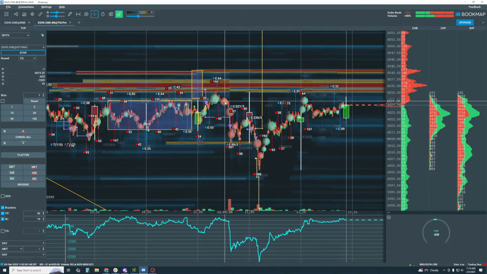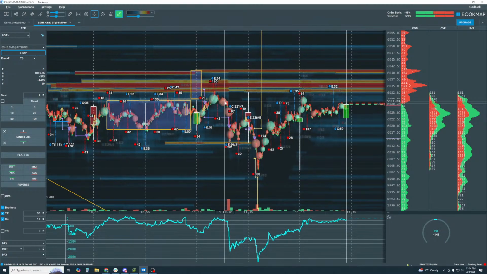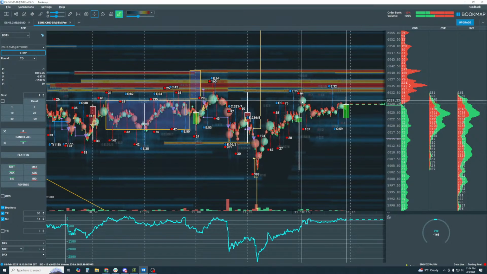The seller is still controlling from this point on around this 30 level, on this time frame. But there's a lot of buying that's come right back in. If they can get above it here, the squeeze is certainly on.